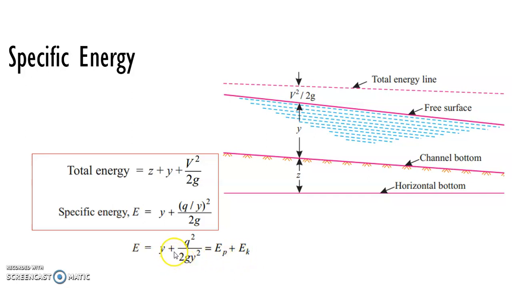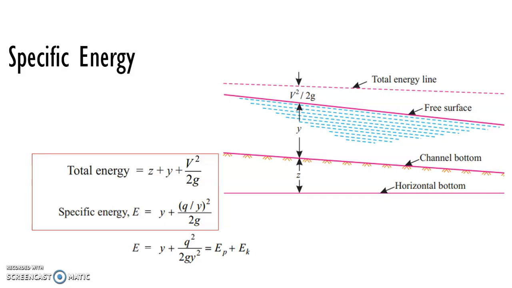So E is y plus q square by 2g y square, where q is the discharge per unit width. We know that velocity is discharge divided by area, and for a rectangular cross section the area is b into y. You just substitute Q by b as small q, and that's how E is equal to y plus q square divided by 2g y square.